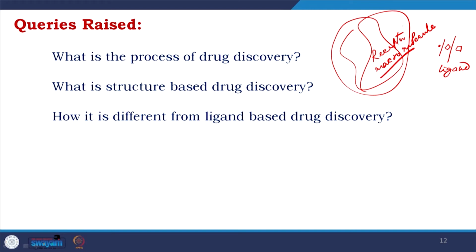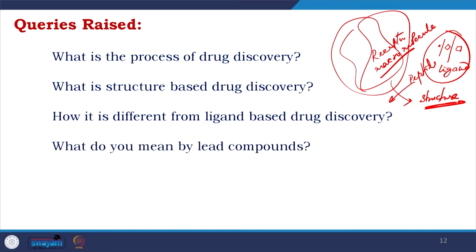When we use its structure in high resolution, it is called structure based drug discovery. When we use the information of the small molecules, it is called ligand based drug discovery. Remember, peptides also come under ligand based drug discovery.